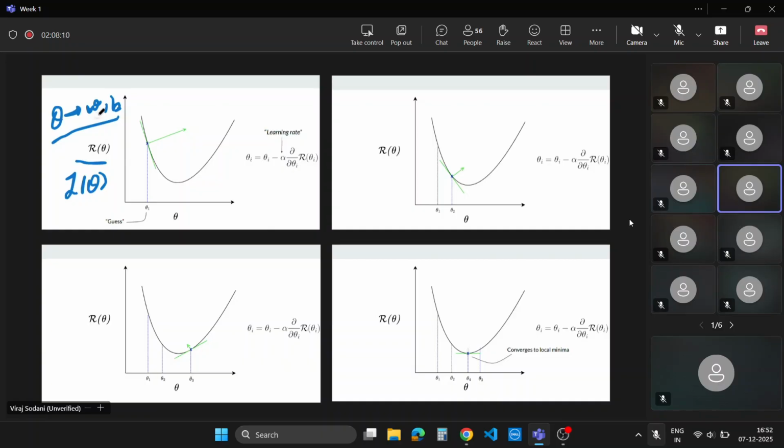So theta i would be representing W comma B, like theta 0 will be W, theta 1 will be B. So accordingly, you will calculate the partial derivative del theta i of the loss function. Okay. So if you're at this point initially, you've chosen W equal to W1. You've chosen this.